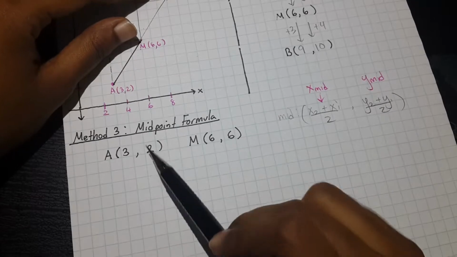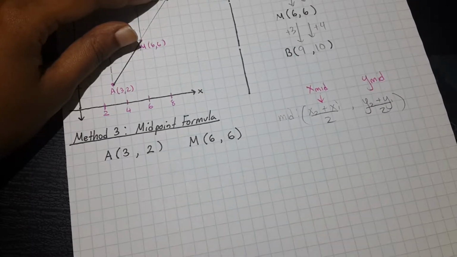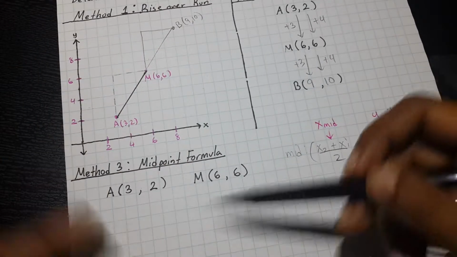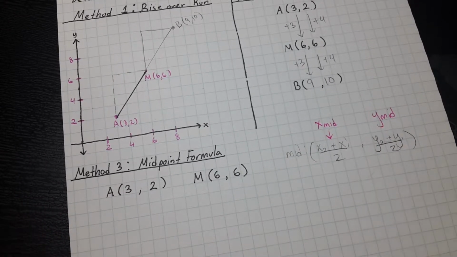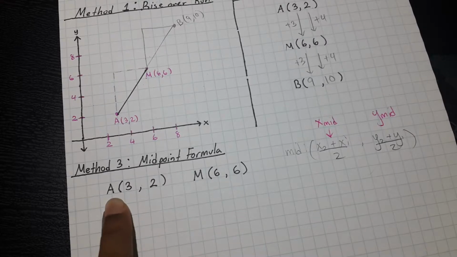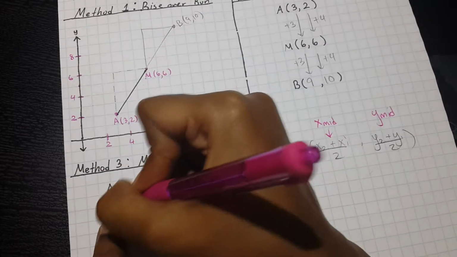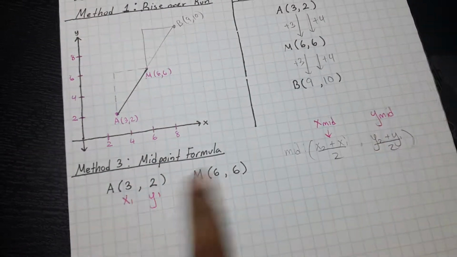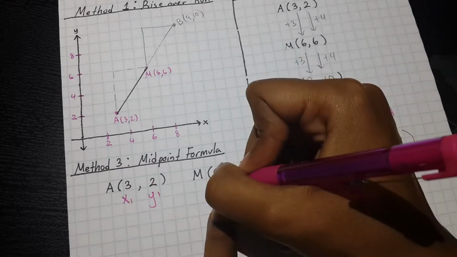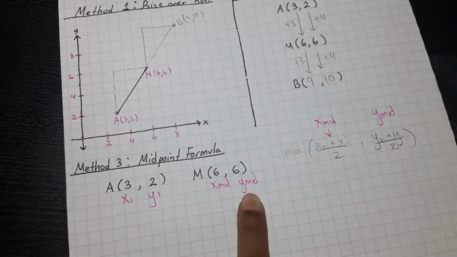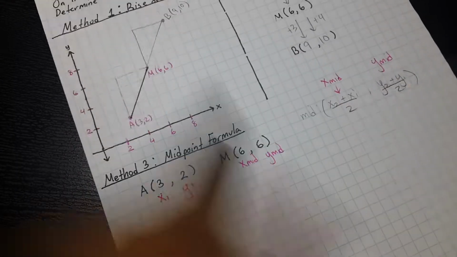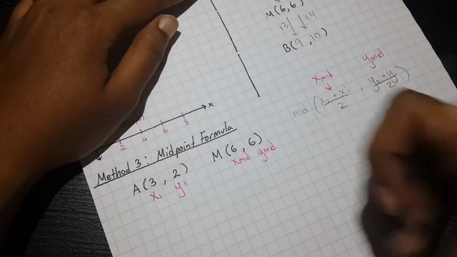So okay, we're trying to find the endpoint, right? So how do we label our coordinate points using what's given in this formula? Well, here A, we can call it x1, y1, and here this midpoint we can call it x mid, y mid. Okay, so with that being said, let's rewrite this formula down here.